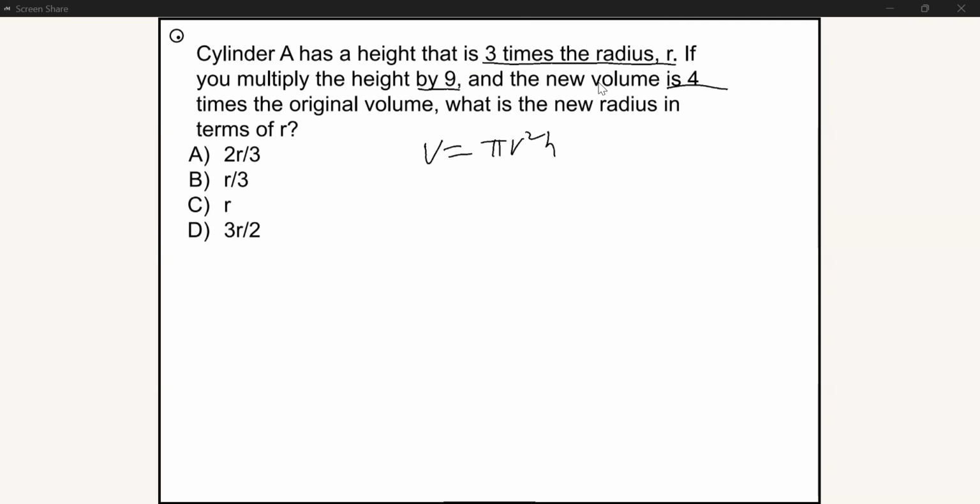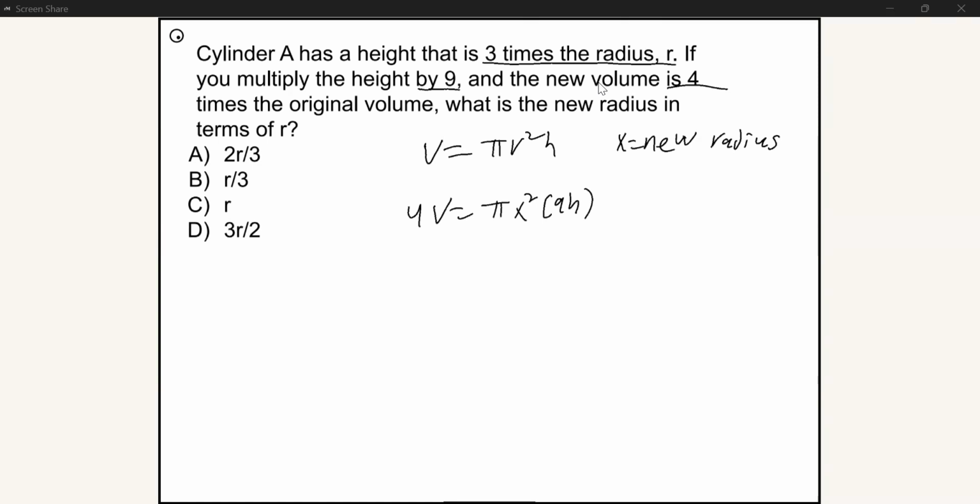And then the new volume is going to be 4V equals pi x squared 9h, where x equals the new radius, right?